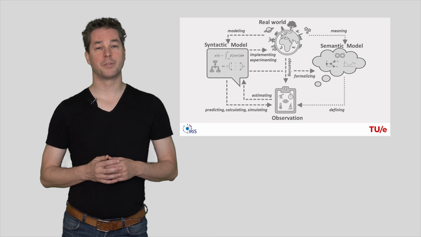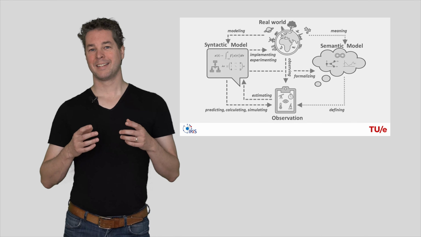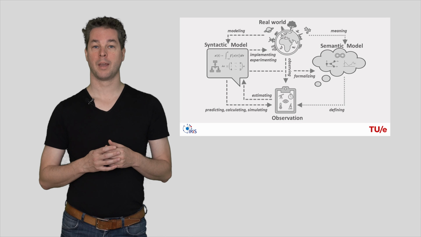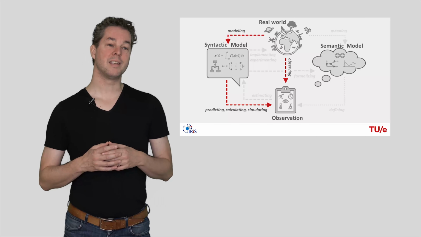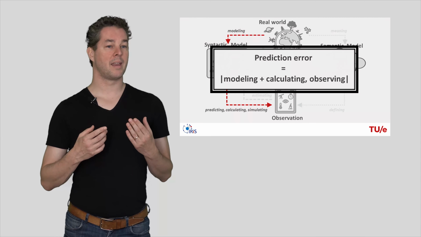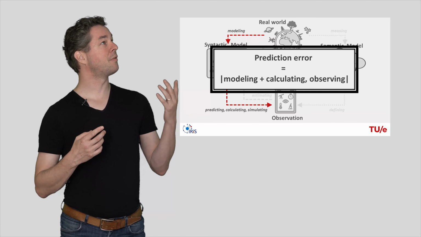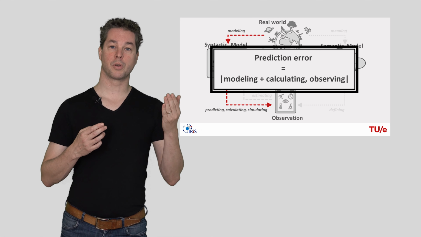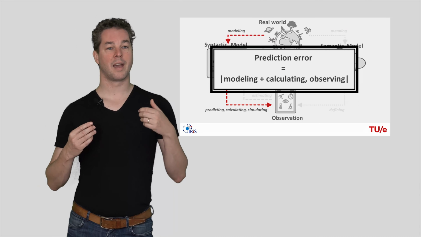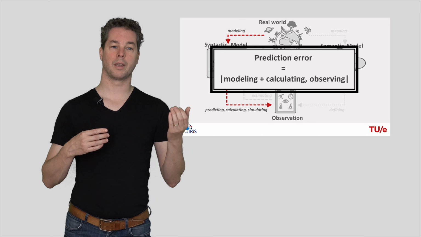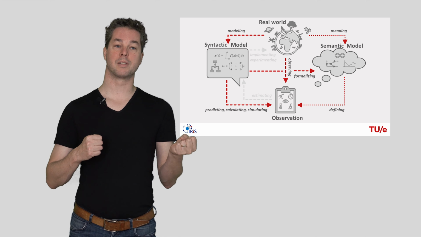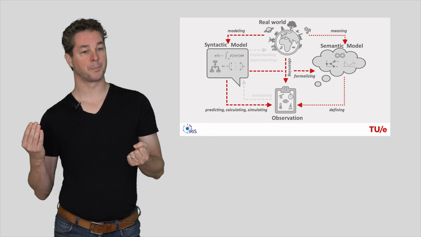A nice property of the modeling diagram is that the errors that we make between the different arrows can be added up. And in this way, we see that the prediction error, which is defined as the difference between observing and modeling plus calculating, is smaller than the distance between observing and meaning plus defining, and the distance between meaning plus defining and modeling plus calculating.